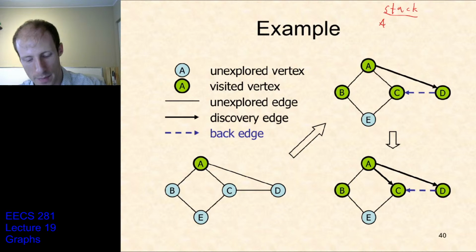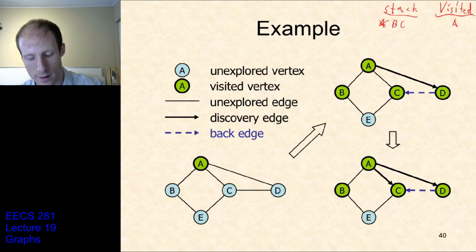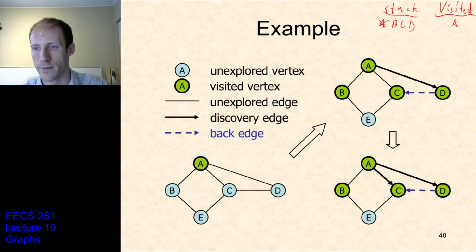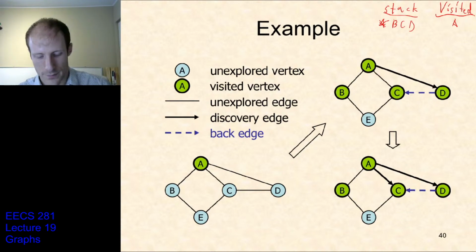We're then going to pop A out of the stack and mark it as visited. Then we're going to put the children of A into the stack, so B, C, and D. And so that's one iteration of that main while loop.